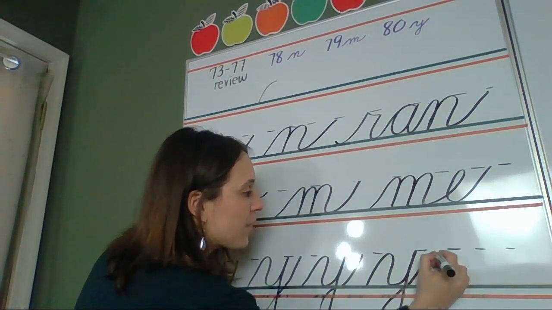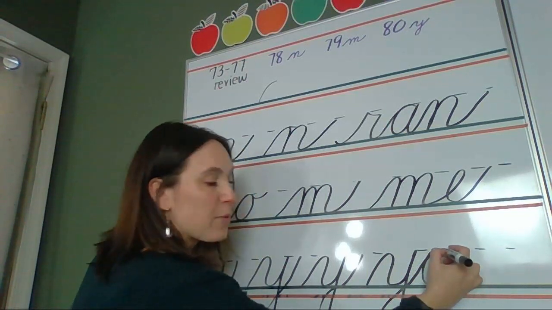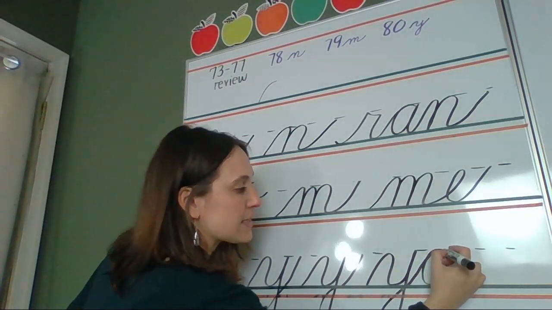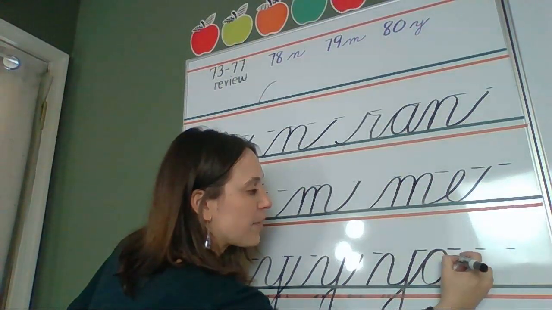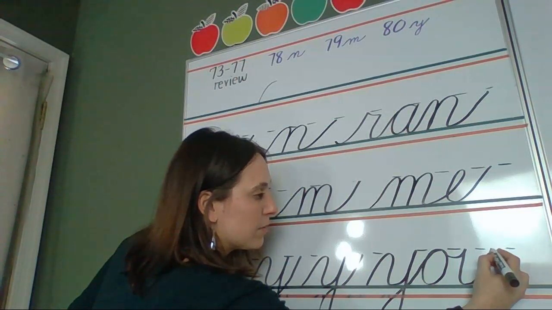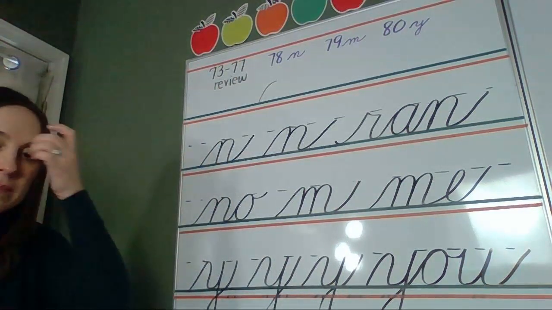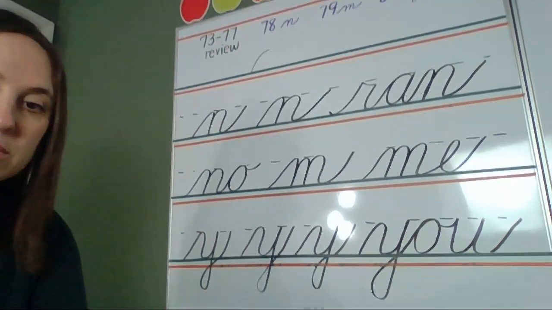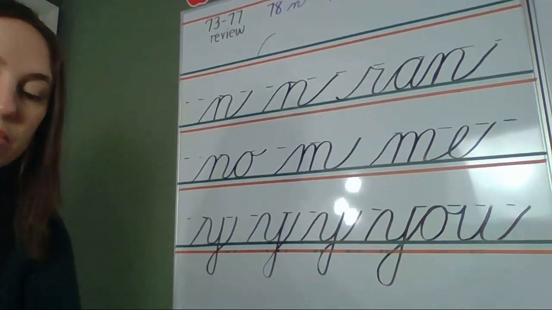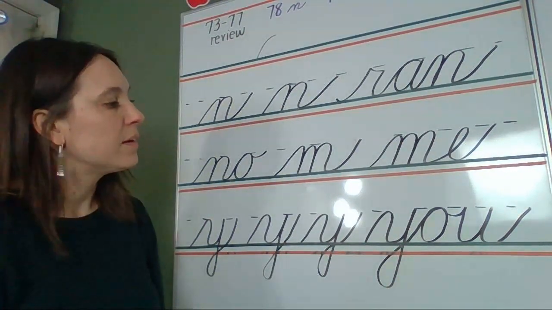Now we come right up to make the O. Remember that O is going to hook into the next letter. So we hook, and this time we come right to the U, and now we'll make our letter U. And then we'll have to make that joining line to the midline. That's the word you. Sorry, boys and girls, you couldn't see that bottom part. I didn't realize that till now.